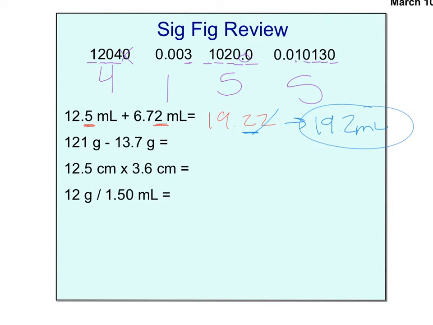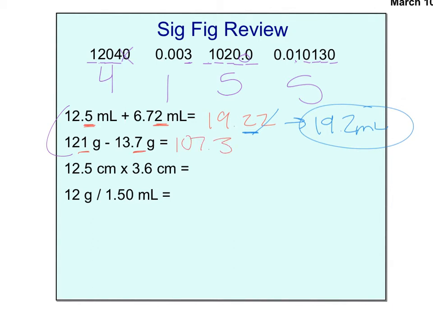For the next one, we have subtracting. Adding and subtracting are going to use the same rule. In 121, our estimated digit is the 1, so in the 1s place. In 13.7, our estimated digit is the 7 in the 10ths place. So again, the first thing you should do is just do the math. 121 minus 13.7 comes out to be 107.3.